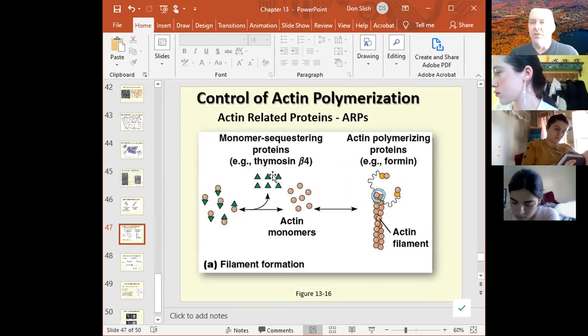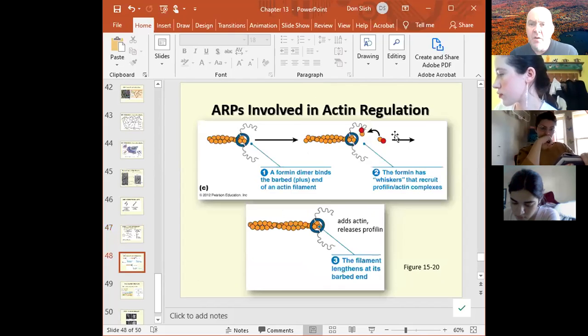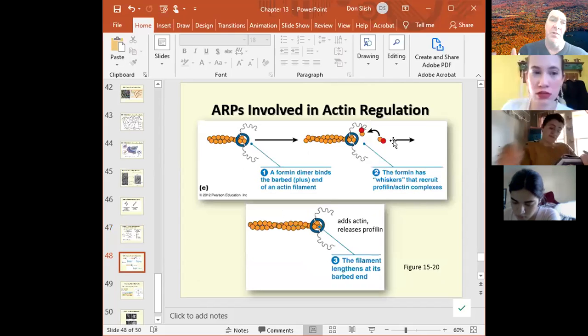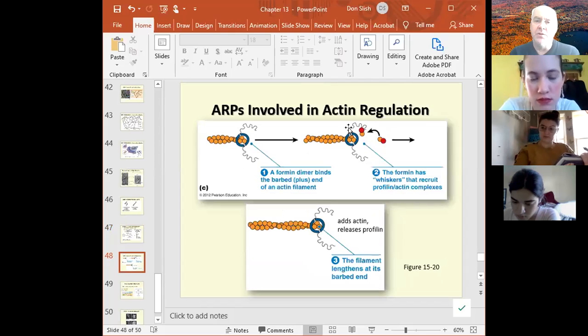You don't want these monomers just floating around the cell going off in any direction, because then trying to polymerize would be extremely inefficient. Another protein then, profilin, this red ball here, is going to grab one of those monomers from thymosin beta 4 and take it over to this bad boy here, formin.